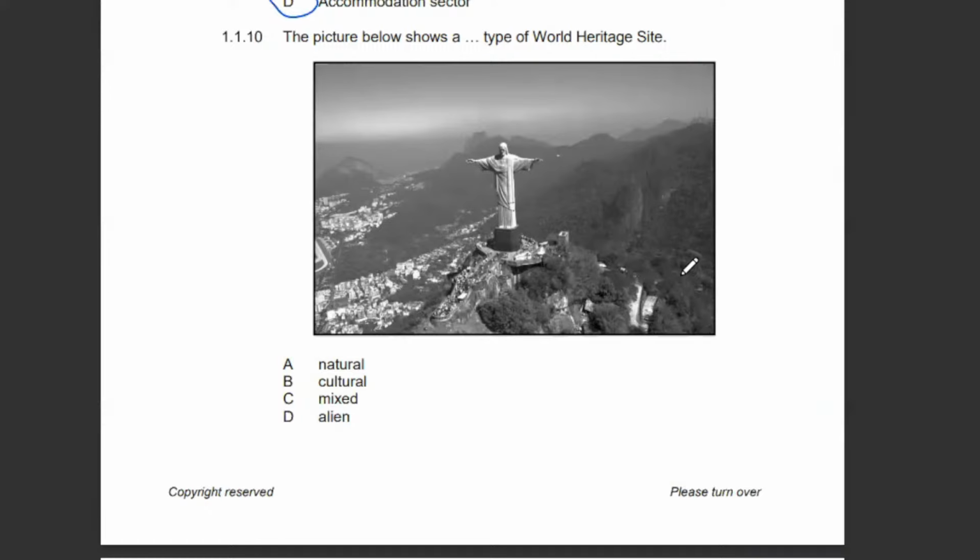But before we get there, we need to start by identifying the icon which appears in the picture. That's the picture of Christ the Redeemer, which is found in the country Brazil.